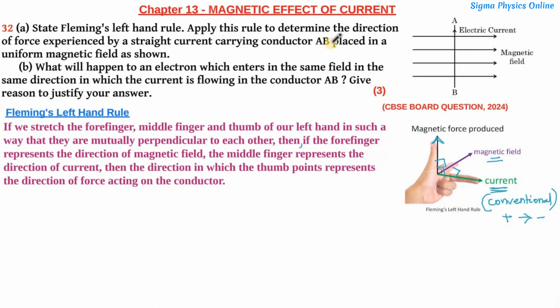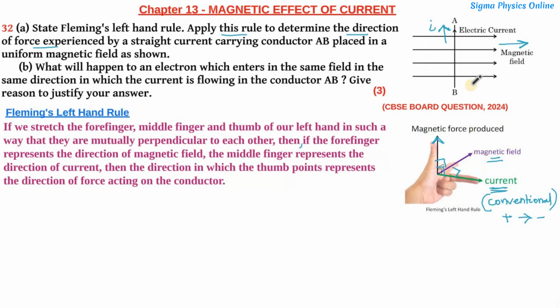Now in this question we are asked to apply this rule to determine the direction of force experienced by a straight current carrying conductor AB which is placed in a uniform magnetic field. So we have a magnetic field which is going from left to right, that is towards the right. Then the electric current, that is due to the flow of the positive charges, is going in the upward direction.